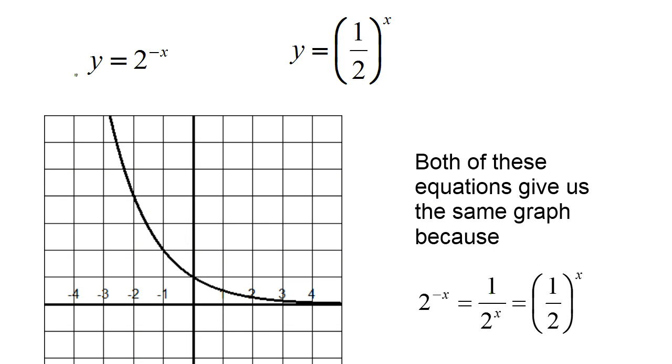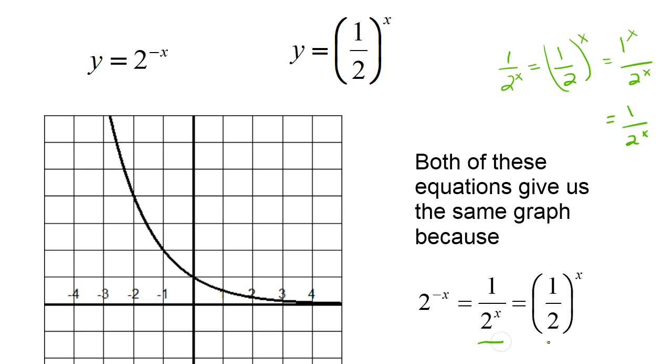So let's look at y equals 2 to the negative x and y equals 1/2 to the x. If I take y, or 2 to the negative x, and I kick that 2 downstairs, I get 1 over 2 to the x. Well, 1 over 2 to the x is the same as 1/2 to the x. And the reason is 1 to the x over 2 to the x is the same thing as just 1 over 2 to the x.